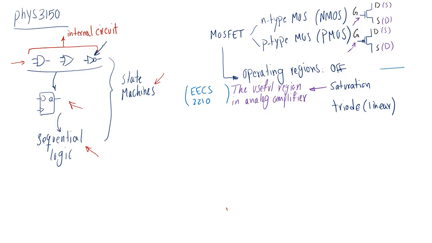Well, these two regions are useful in digital circuits, which is the topic of this course. So why is it very useful? Why these two regions? Basically, if we are using these two regions, we can see that the transistor becomes a simple switch, meaning that it is either conducting current or not conducting current, and that's what we need in digital.